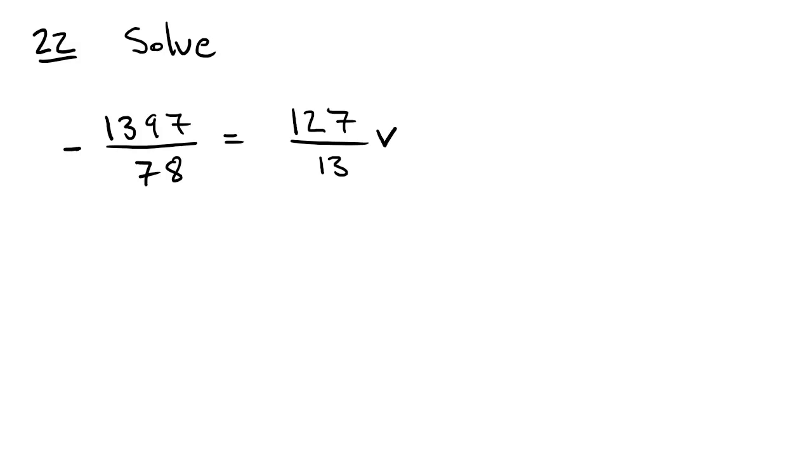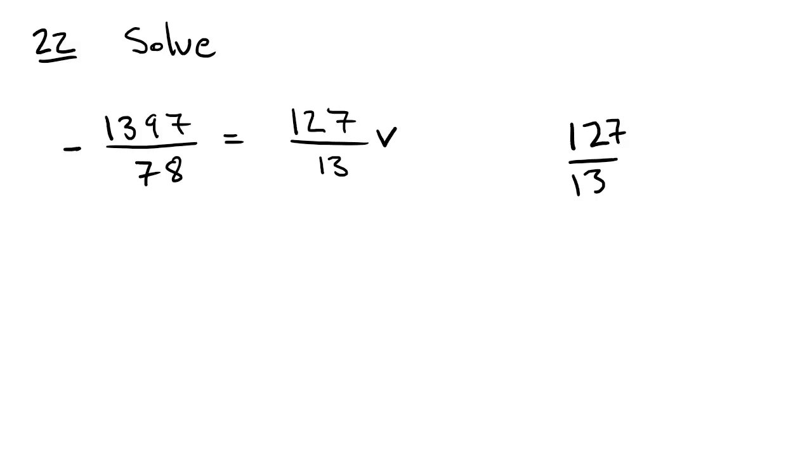Something that I talked about in class on Friday to one of the cohorts was that whenever you see a fraction like 127 over 13, let me just make sure 127 isn't divisible by 13. Okay, it's not. Whenever you see a fraction like this, the multiplication property of equality tells us that we can multiply by its reciprocal on both sides of the equation, and we will get an equivalent equation.